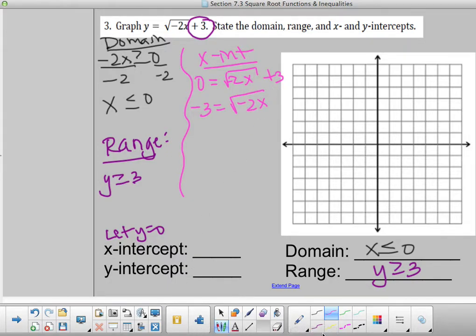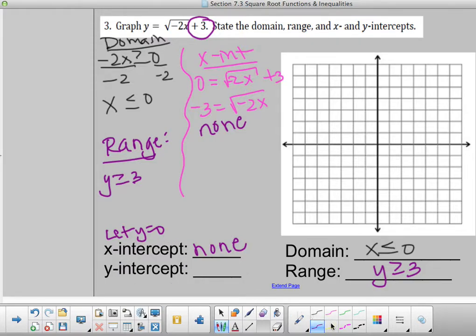One thing to take note of is, can you take the square root of anything and ever get a negative? No, you cannot. You will never get a negative from a square root. So what this means is, if you ever get a square root equal to a negative, there is no intercept. So there is no x-intercept. It will never touch the x-axis.